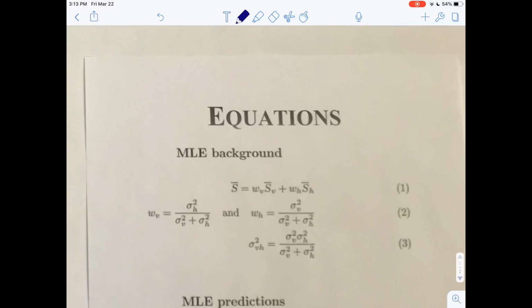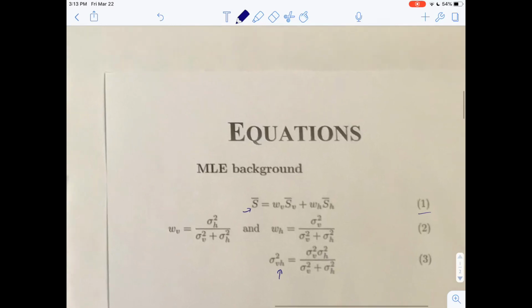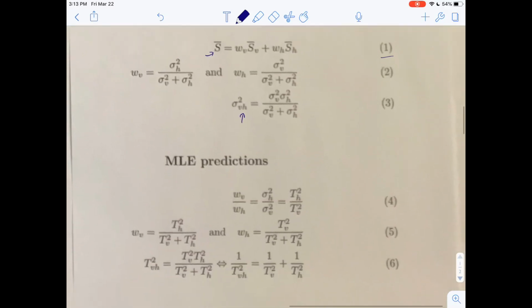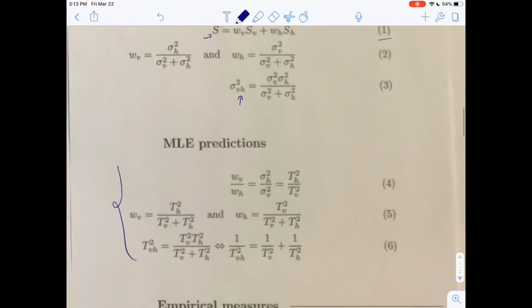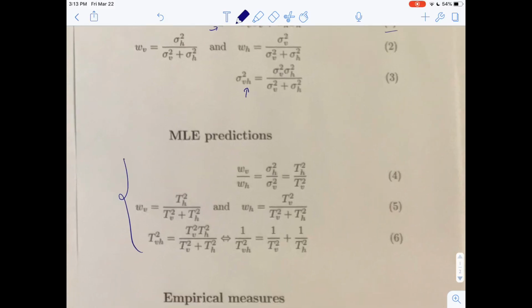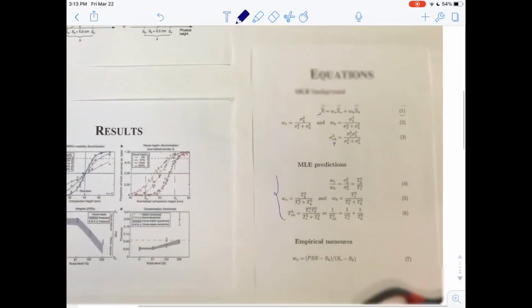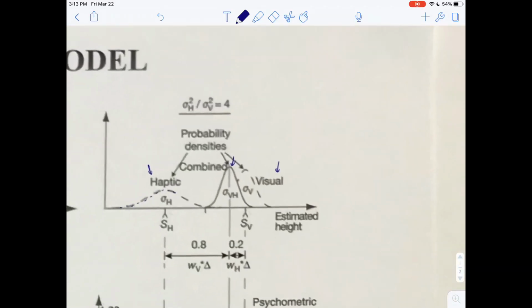Equation 1 shows the predicted mean and equation 3 shows the predicted variance of your combined Gaussian. They can be written in terms of detection thresholds, which are expressed in these equations. But let's focus on the general idea of the paper first, then the math. The combination of the Gaussians is shown in this image.